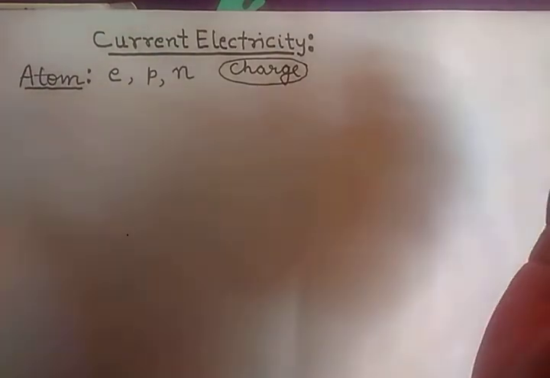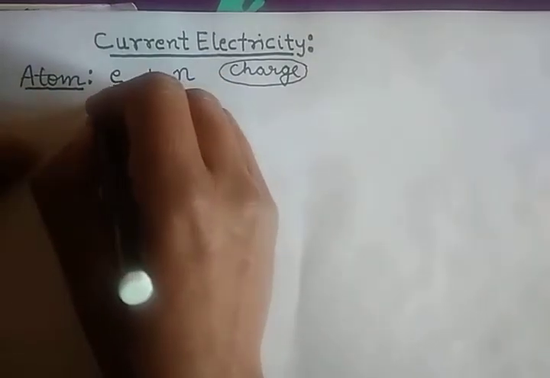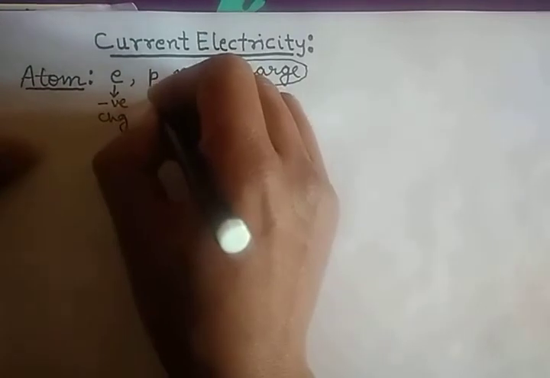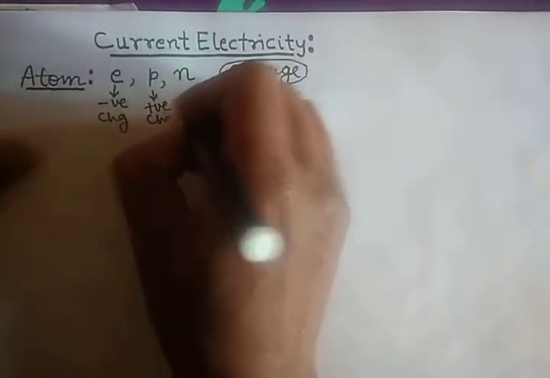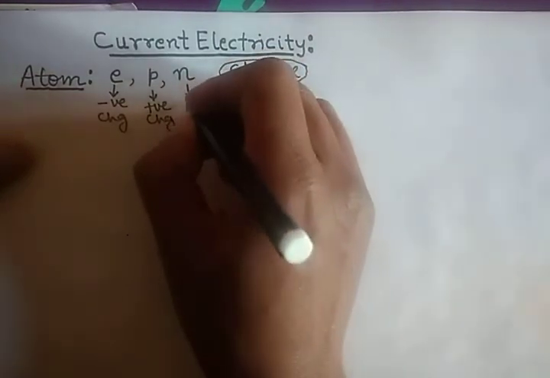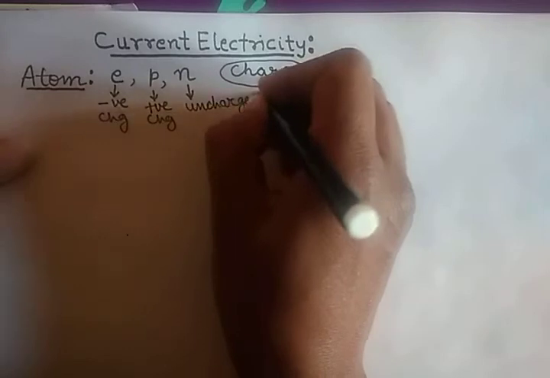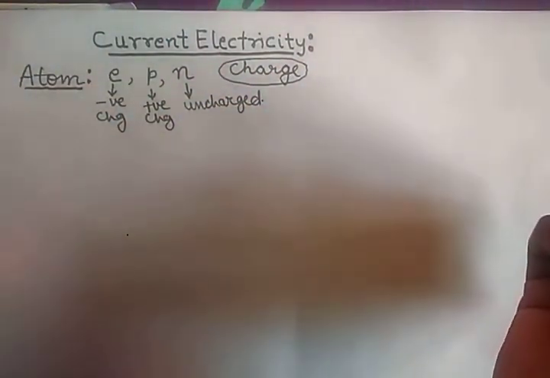That is charge, because it got charged. So an electron carries negative charge, a proton carries positive charge, and a neutron is an uncharged particle, neutral. That is why it is called a neutron.